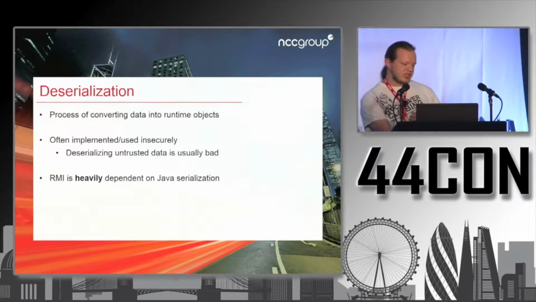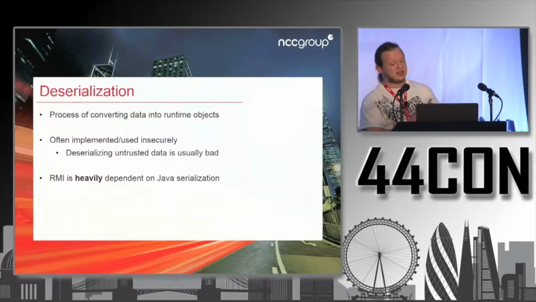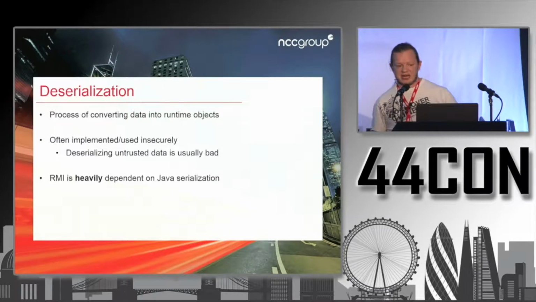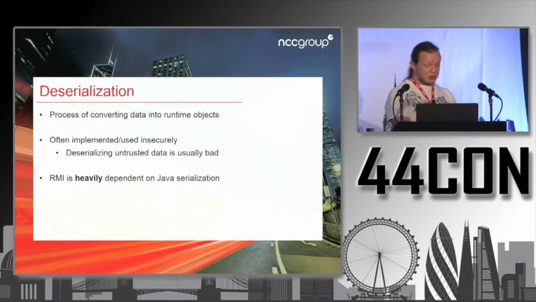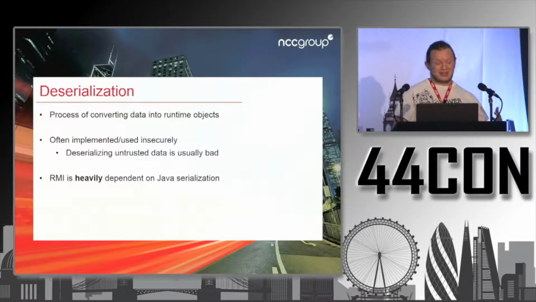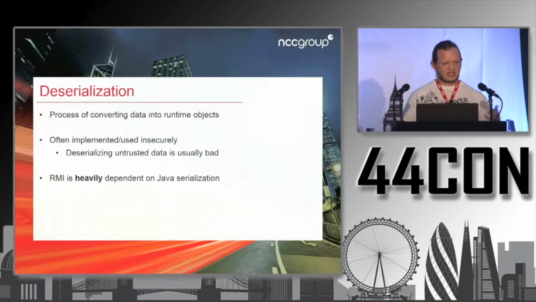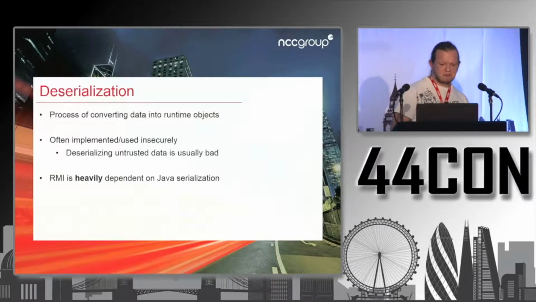And RMI actually is heavily dependent on Java serialization. And I discovered this while I was working through packet captures and hex editors and decoding this traffic. So what I actually ended up doing there was writing some code that decodes a serialization stream and prints it out in a nicer format that you can read.